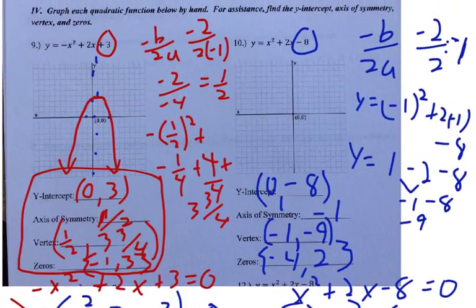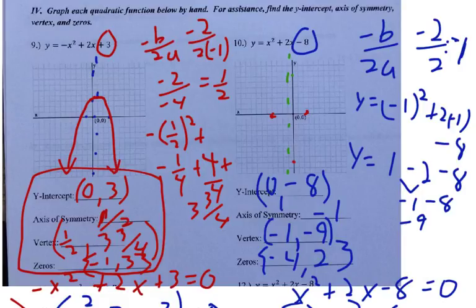So now I'm going to graph those. I'll graph them in red. Again, this isn't going to be exact, but negative 4 and 2, those are my zeros I just graphed. The y-intercept 0, negative 8. I think that goes down to 10, so that's probably about right there. Axis of symmetry is negative 1, so that means at x equals negative 1, I have a dotted line showing where that vertex is.